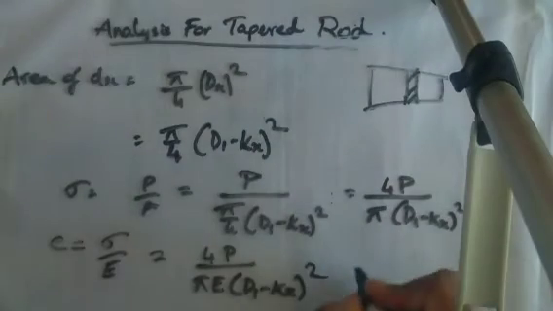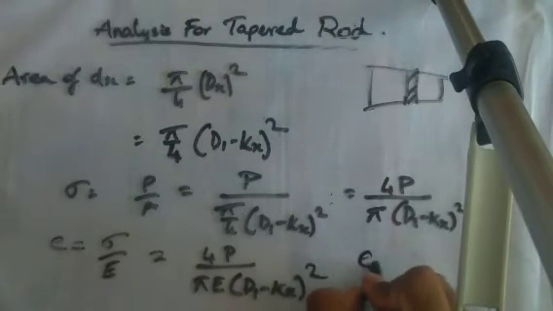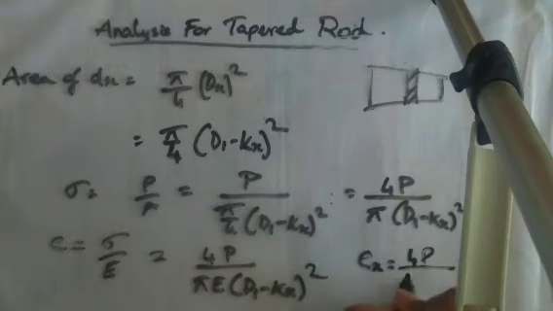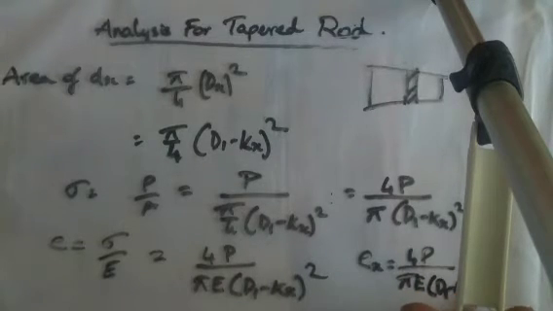So the strain in this portion is e_x equal to 4P by pi E into (d1 minus kx) the whole squared.